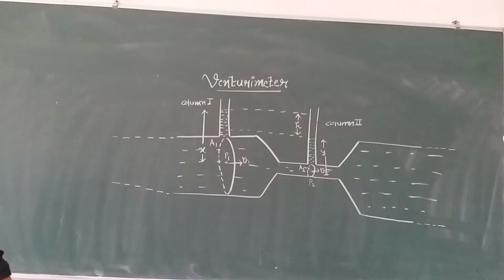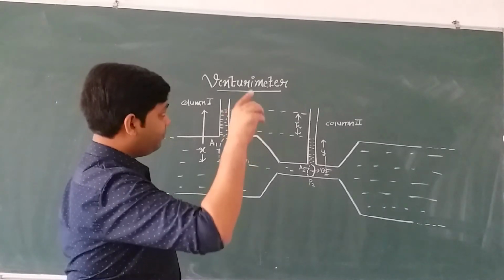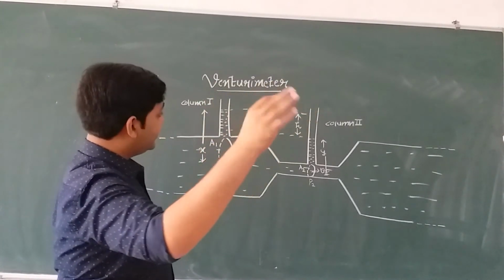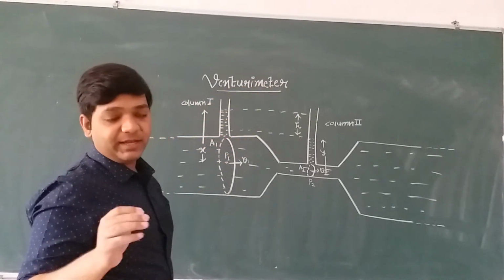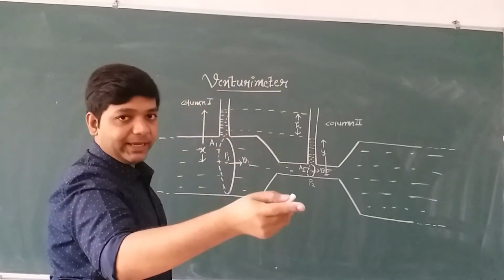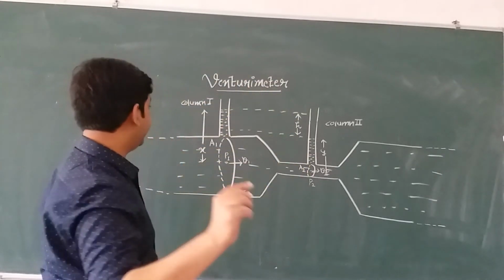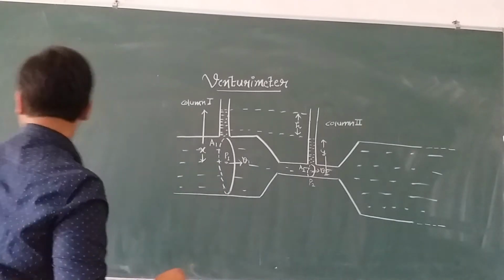I told you in the last class that if the tube is horizontal, the potential energy per unit volume cancels on both sides, and we are left with pressure energy per unit volume plus kinetic energy per unit volume is constant. So we apply Bernoulli's theorem here.